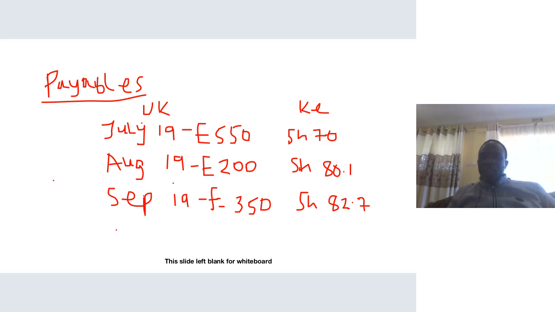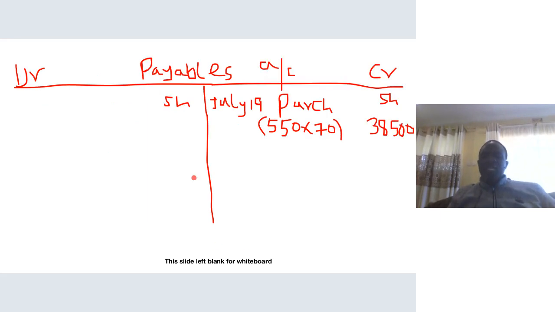Remember, the payables account is a liability account. So if we are settling, it means that we are reducing the liability. A decrease in liability is always debited. So the transaction for August, we debit.